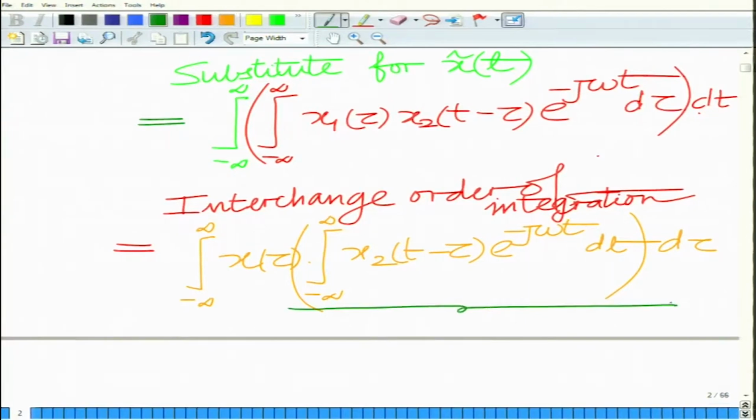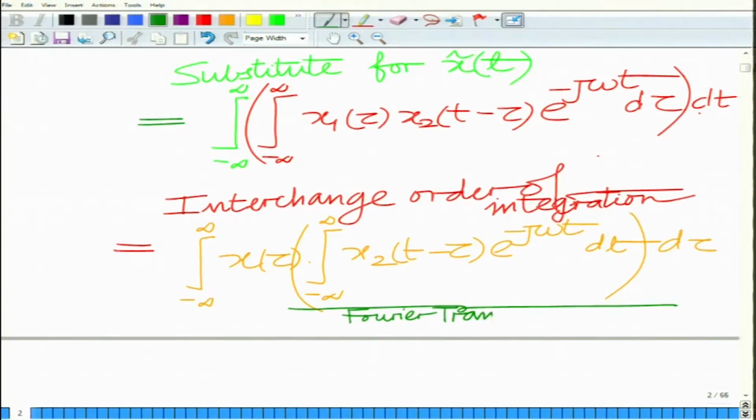Now, if you look at this, you can see that the integral from minus infinity to infinity of x2 t minus tau e raised to minus j omega t dt is nothing but the Fourier transform of the delayed signal x2 t minus tau, that is, x2 t delayed by tau. Therefore, the Fourier transform of this will be capital X2 omega times e raised to minus j omega tau.